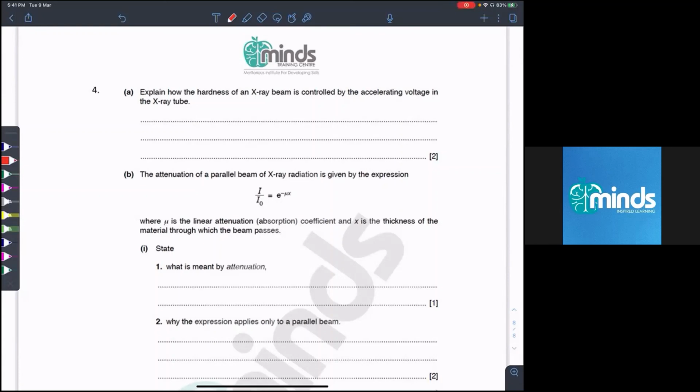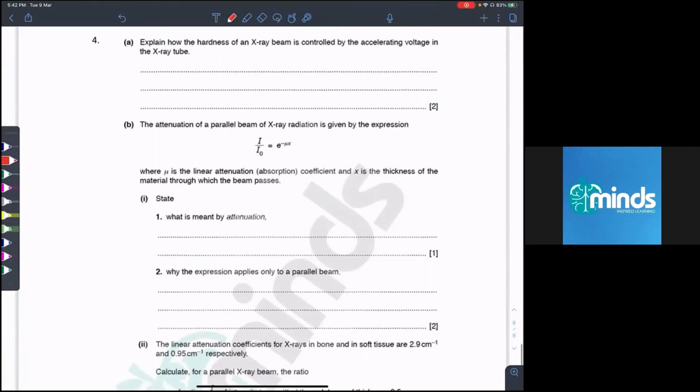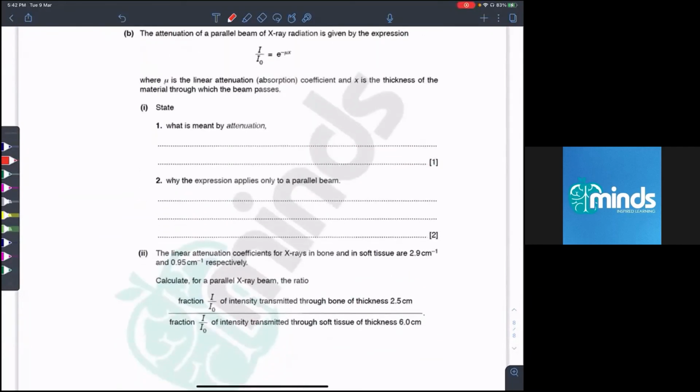The attenuation of a parallel beam of X-ray radiation is given by the expression where mu is the linear attenuation or absorption coefficient and x is the thickness of the material through which the beam passes. What is meant by attenuation? Attenuation means loss of power, loss of energy, or loss of intensity. Why does the expression apply only to a parallel beam?